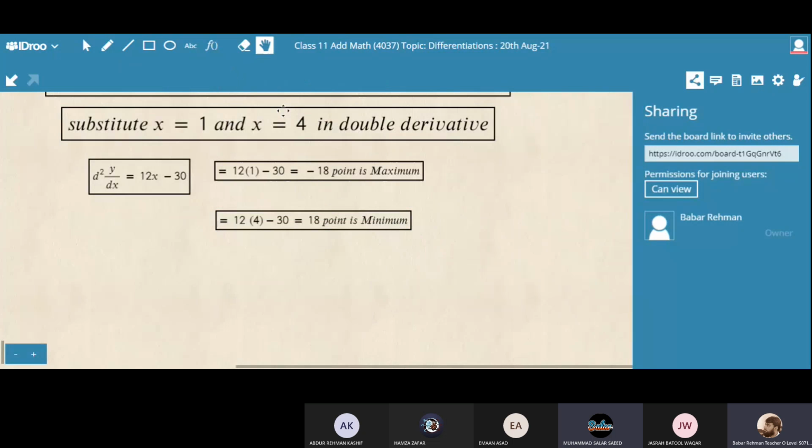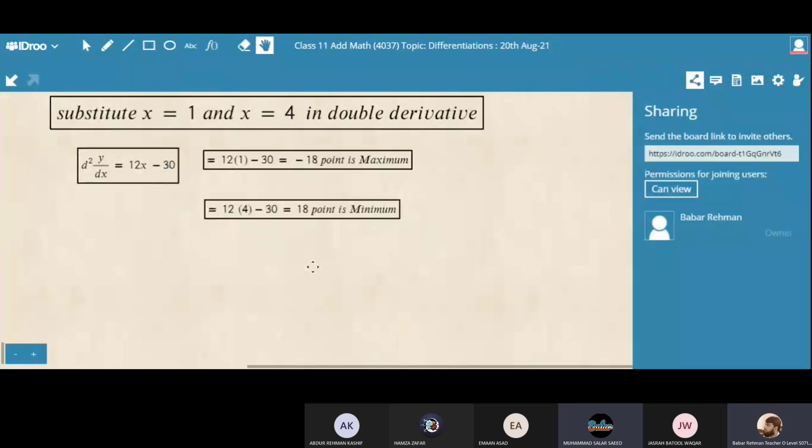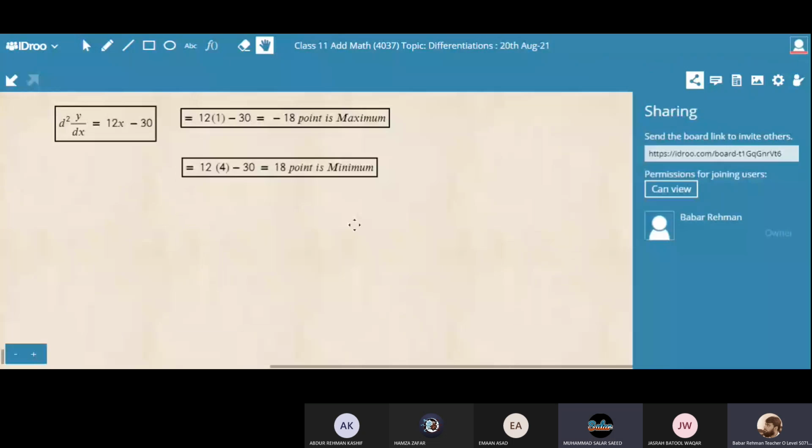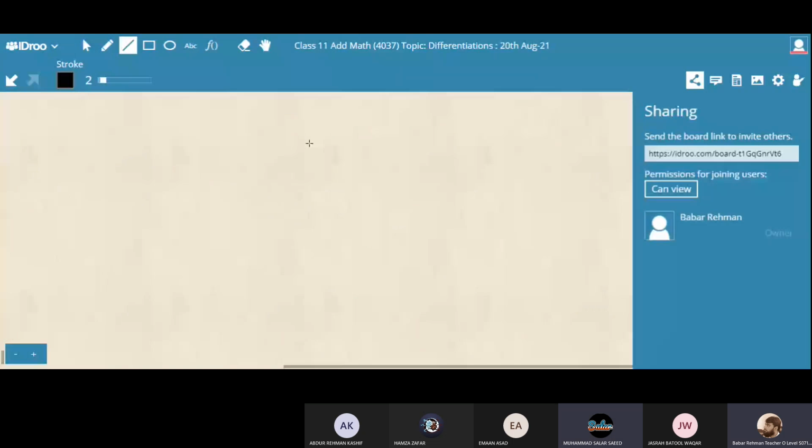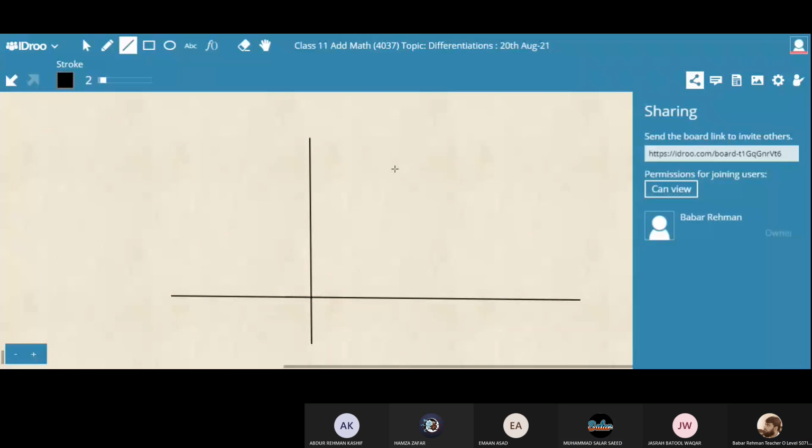Now our turning points tell us that there are two turning points. It means now we have to sketch the graph. Be careful, I will draw the graph here. Now tell me, how can I draw the graph?